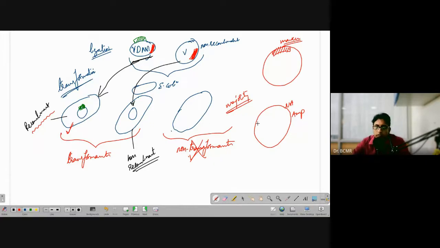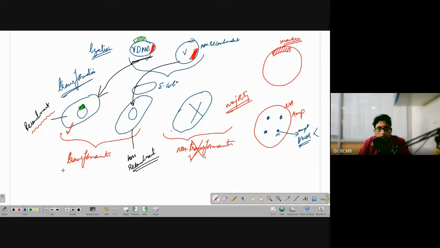So when these cells are plated, some of them will form colonies, and those that have formed colonies will be the ones that have the DNA, the vector. Either it could be recombinant or non-recombinant. If they have the vector, they must have had the ampicillin resistance gene. If they have the ampicillin resistance gene, they would have grown here, otherwise not. So we will be able to eliminate all the non-transformants.